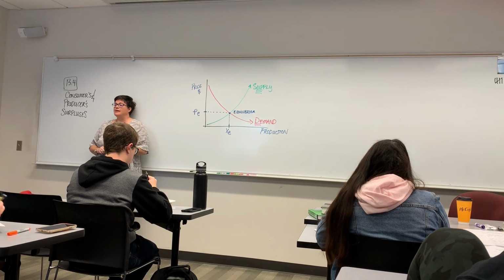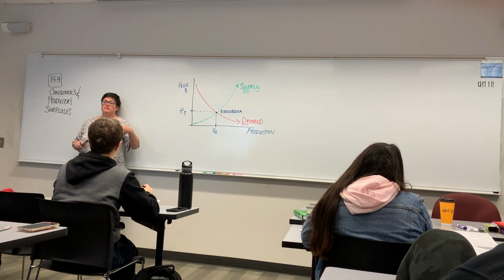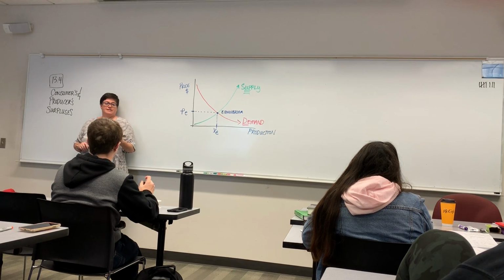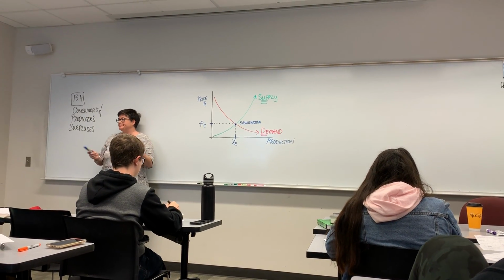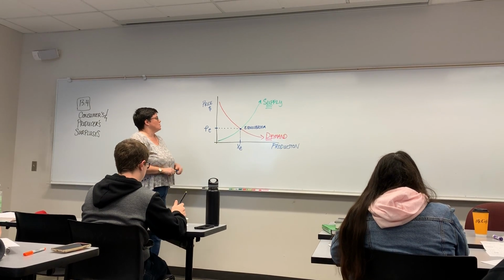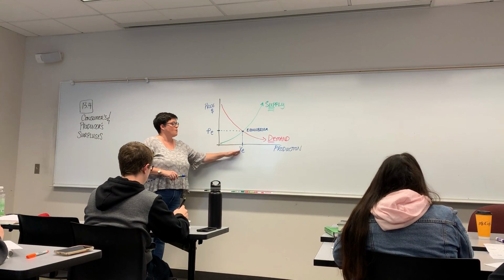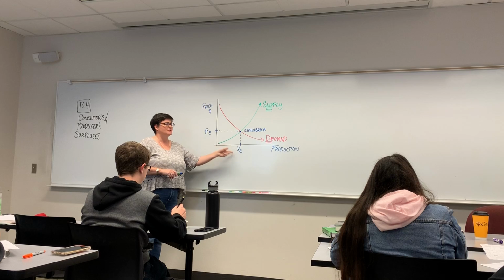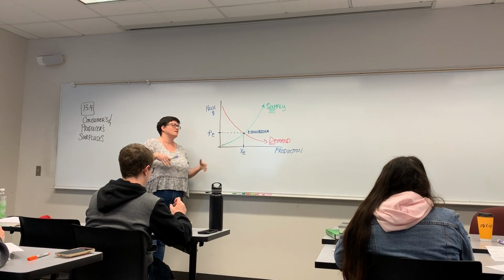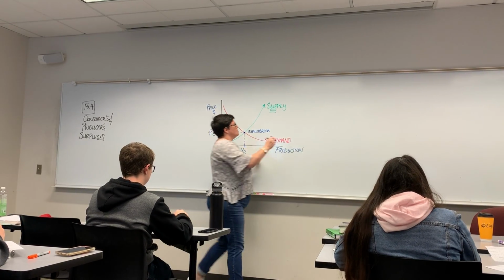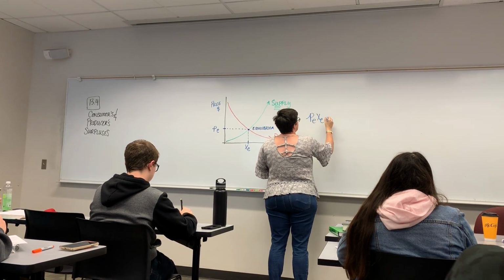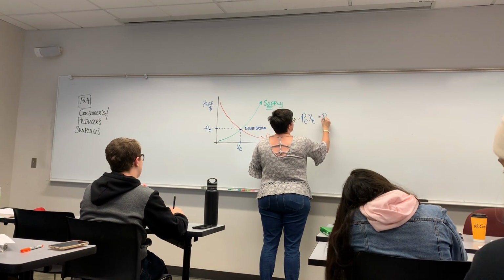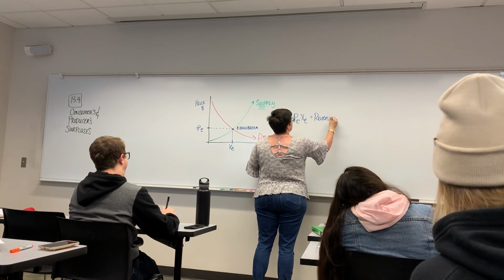It's helpful to label them both because P equals blah, blah, blah doesn't tell you if it's supply or demand unless you graph it, and then you can see if it's going up or if it's going down. So price at equilibrium, quantity at equilibrium. Wait, what's price times quantity again? Revenue. So price at equilibrium times quantity at equilibrium equals revenue at equilibrium.